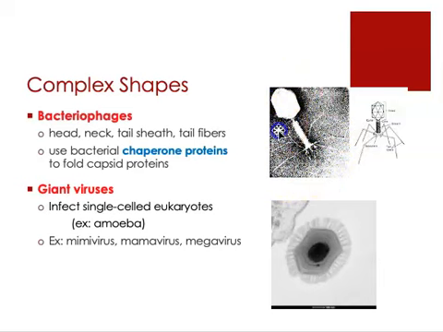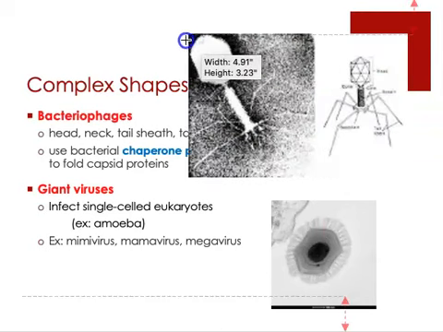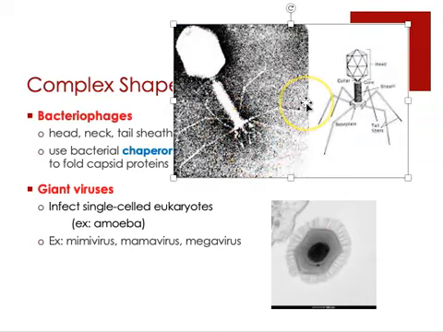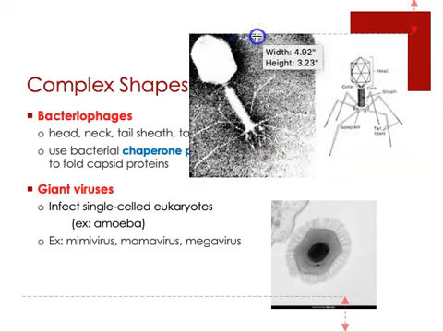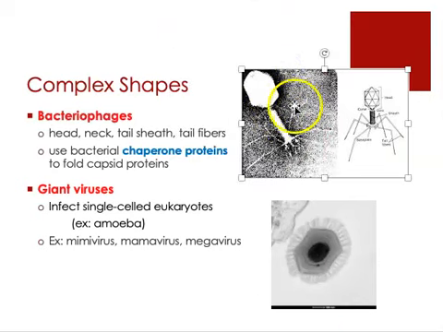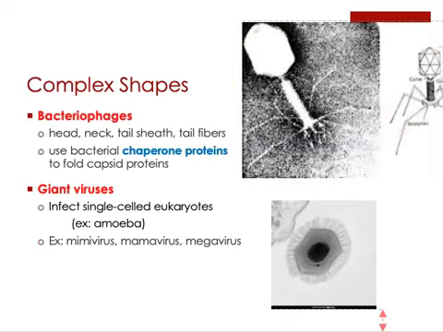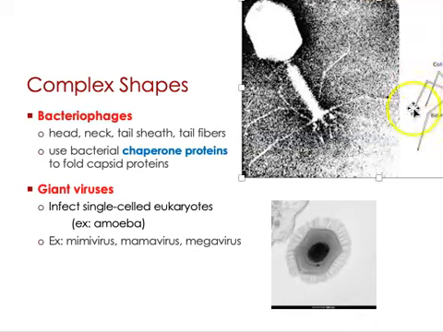It really does have this unusual, complex shape associated with it. It's got that head, it's got the neck, it's got what's called a tail sheath, it's got tail fibers, those little spidery legs. Very, very interesting looking thing, the bacteriophage. Next to the EM image, we have an artist's drawing of the bacteriophage.